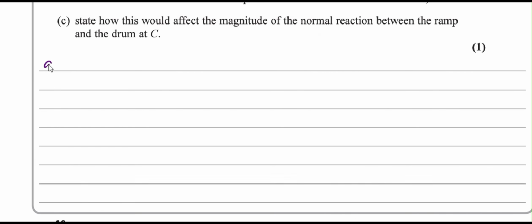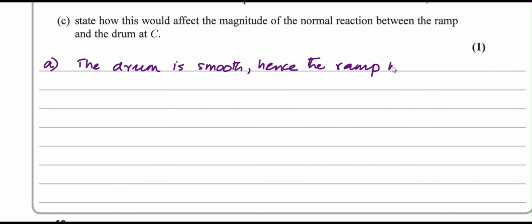So we can say the drum is smooth, which means there is no friction. Hence, the ramp will lie as a tangent to it.